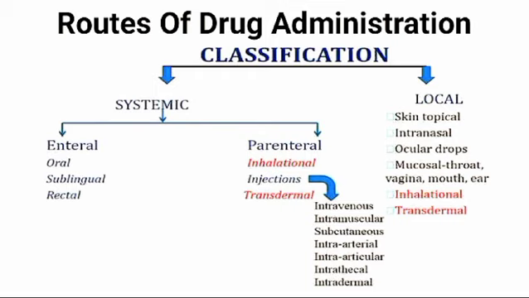For example, oral tablets, capsules, suspensions, injections, and so on. Local routes act locally on the applied areas. The drug concentration is high at the application site without exposure to other parts of the body. For example, topical ointments, lotion, cream, spray, drops, and so on.